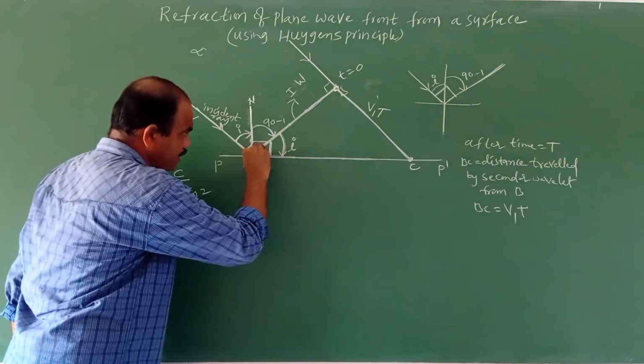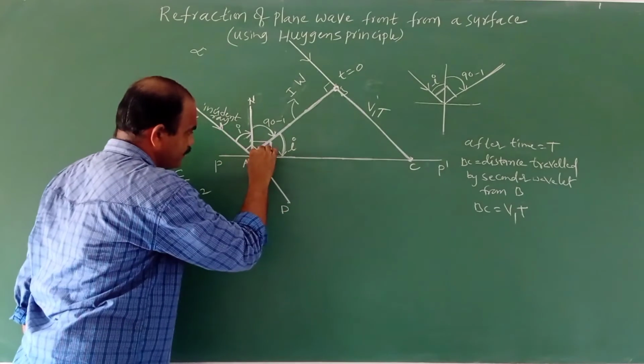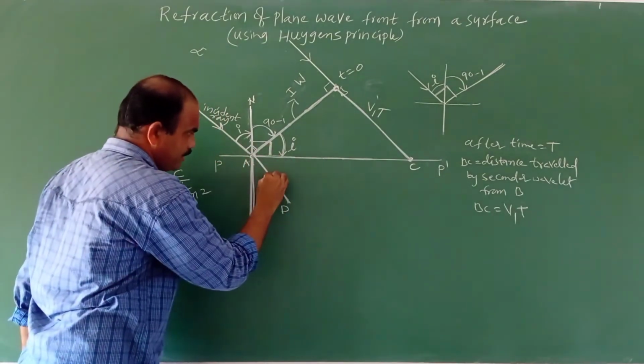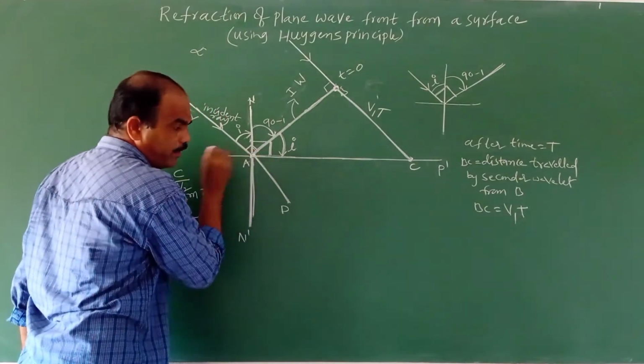That distance will be considered AD. This is the distance traveled by the secondary wavelet which is produced from A.